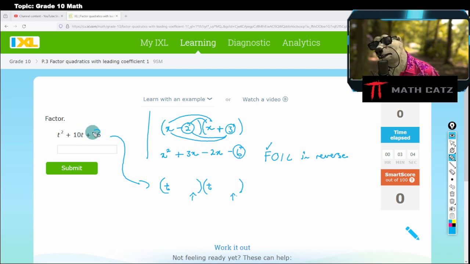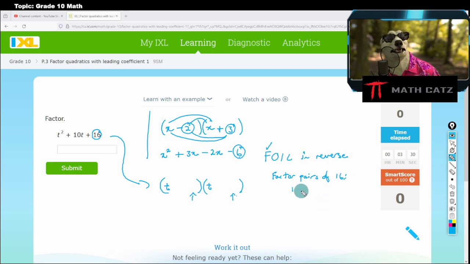So if I'm going to get a 16, these two places where the arrows are need to be factors of 16. So what are all my factors? Or not factors necessarily, but let's call it factor pairs. Specifically two numbers multiplied together to give me 16. So factor pairs of 16.